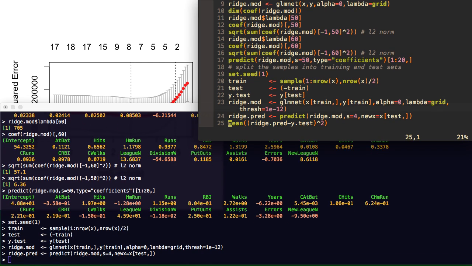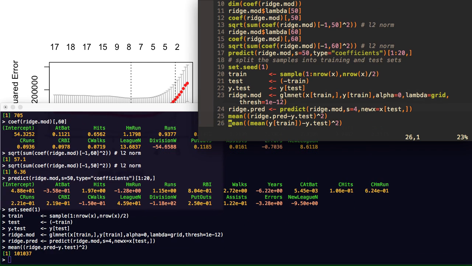Okay, so here's the ridge model, ridge.pred. And so here is the mean squared error for this ridge regression model. And we can get this, so this is, what is this?